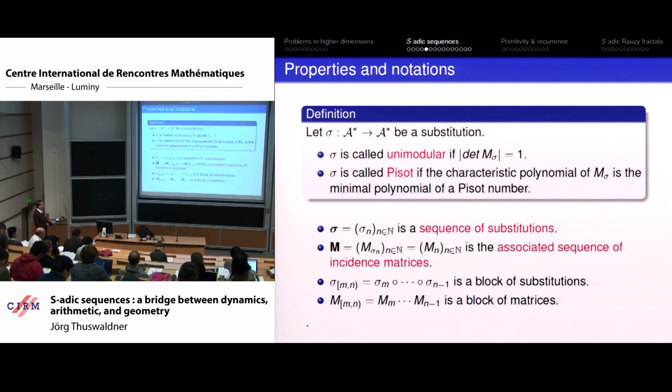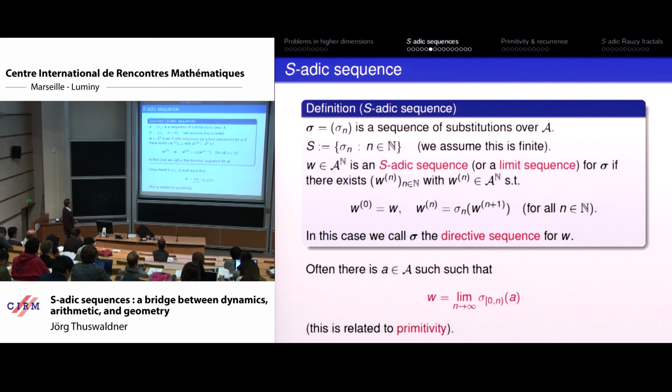I just use this bracket notation here. So sigma [m,n) is just the composition of sigma m up to sigma n minus 1. You see this is a round bracket, this is a square bracket. The same goes for blocks of matrices.